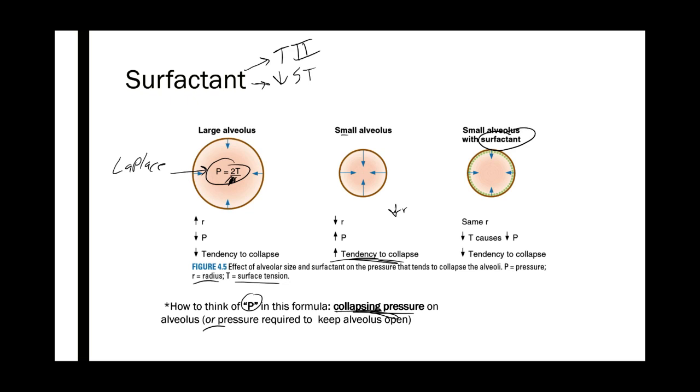It does help the large ones too, but the small alveoli are where it matters most. And that's because, remember, P equals 2T over R. Now what we're doing is decreasing the numerator, and it's 2T, so it has a greater effect on the pressure. So we're decreasing the pressure, and that means decreased tendency to collapse. So this is how surfactant helps keep the alveoli open.